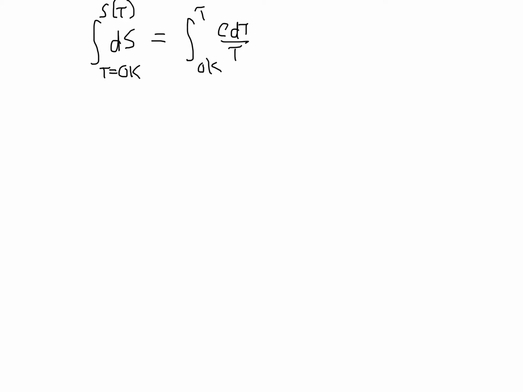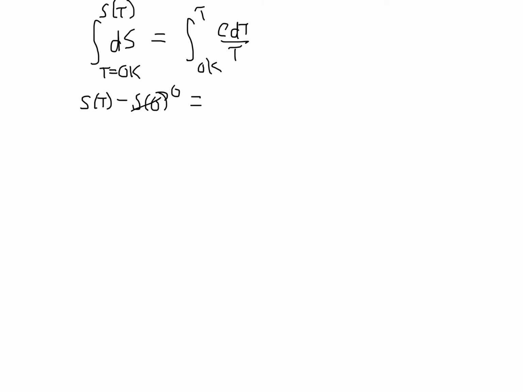The left-hand side of this equation is easy to integrate. dS integrates to S, and then I evaluate from S at T, my temperature of interest, to S at 0 Kelvin, but S at 0 Kelvin is defined as 0. And so this gives me the absolute entropy at the temperature of interest.